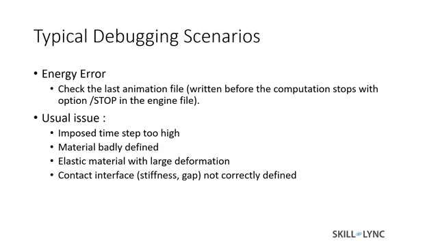If the time step is too high, those deformed parts are getting skipped in the simulation, and that is creating an instability and so the energy error. If the material is badly defined, then it results in non-physical stretch or non-physical cracks within the components, and that creates a problem.